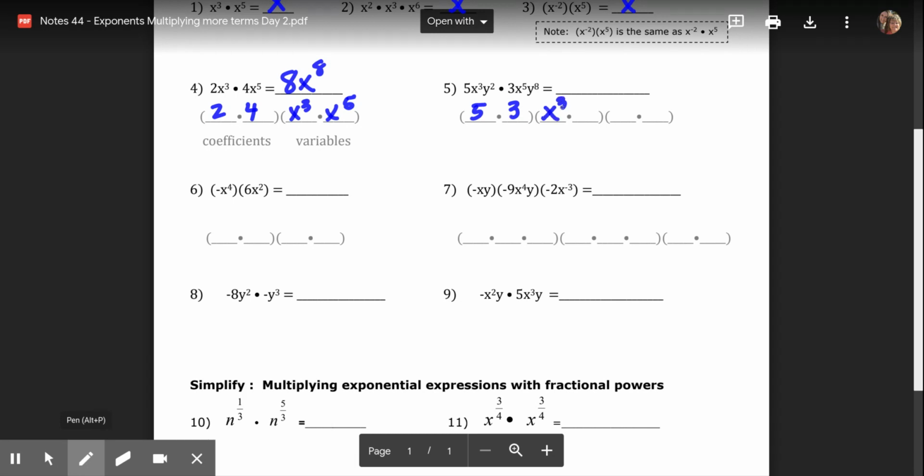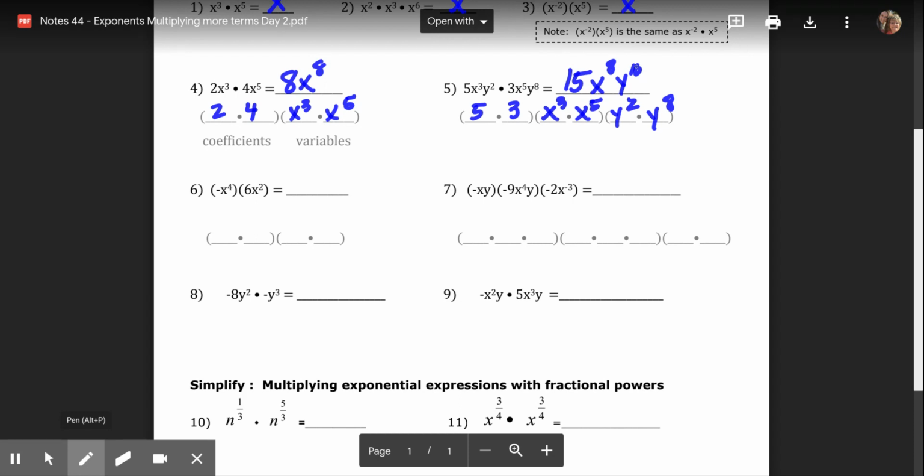So this would be x cubed and x to the 5th, and then your y's, y squared and y to the 8th. So notice that we broke everything up. So we pulled out the coefficients here, and then we have the like bases, your x's here in the middle, and then your y's. So 5 times 3 is 15, and then 3 plus 5 for your x's gives you 8, y, and then 2 plus 8 gives you 10. So that would be 15, x to the 8th, y to the 10th.